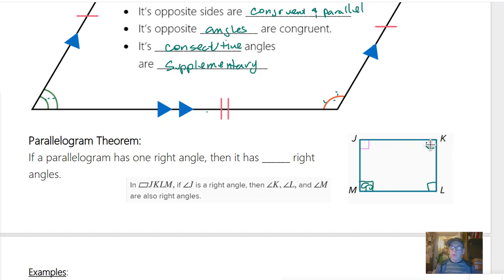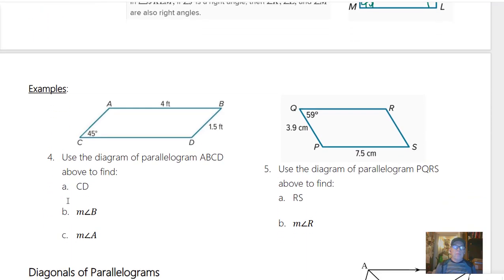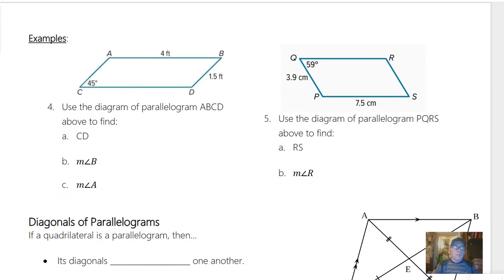One right angle can force all the angles to be right, which gives us what we call a rectangle. So a rectangle is a parallelogram with a right angle, and that means all angles in the rectangle are right angles. Let's look at these examples.